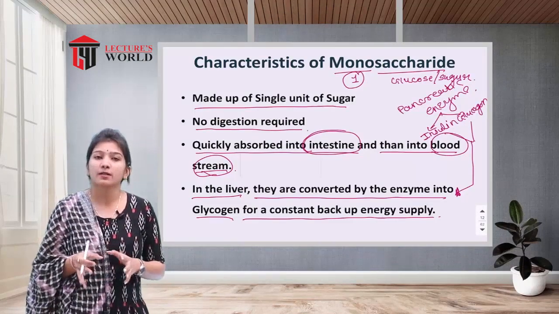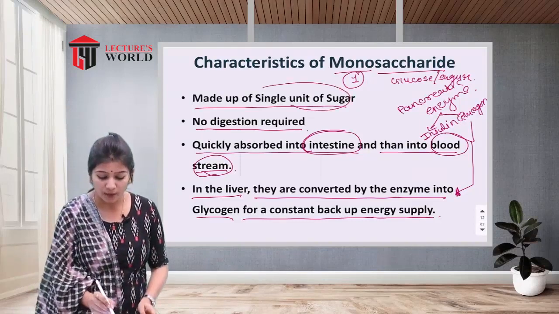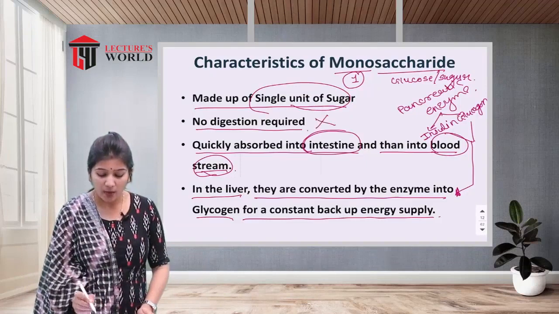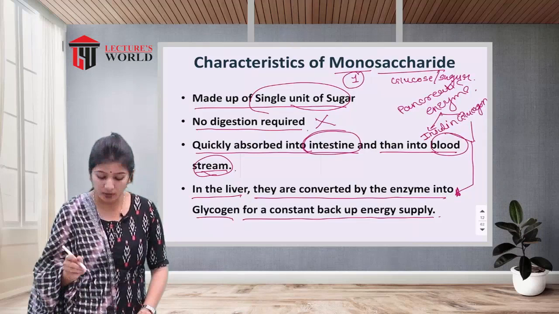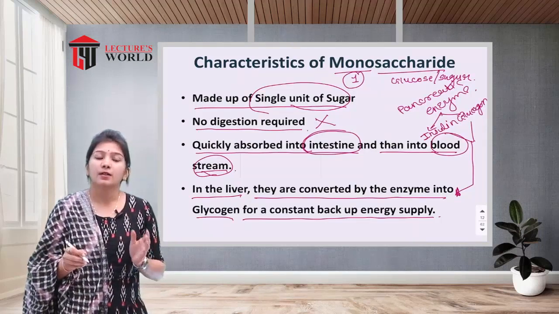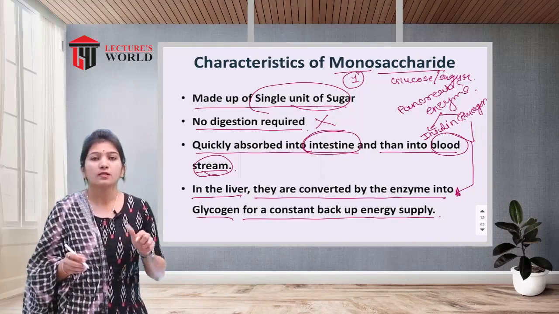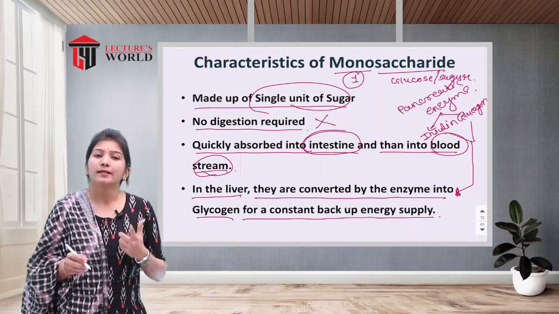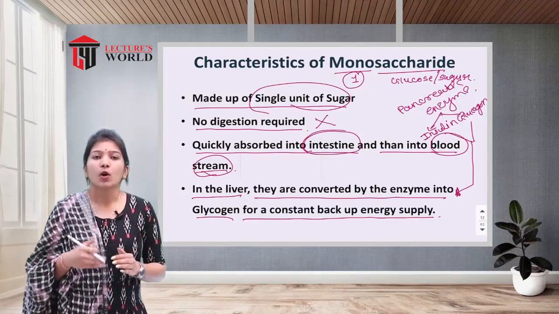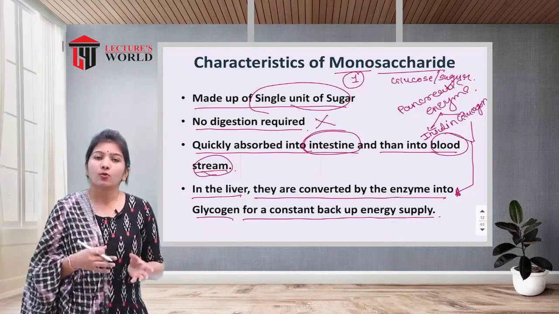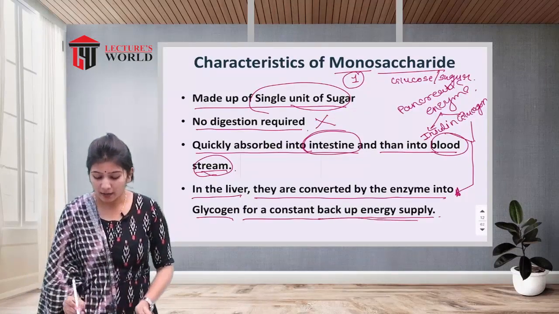So these are the characteristics of monosaccharides: made up of a single sugar unit, no digestion required, absorbed into the intestine and then into the bloodstream, and converted with the help of insulin and glucagon into glycogen, which is stored and provides energy as a backup supply whenever our body requires it.